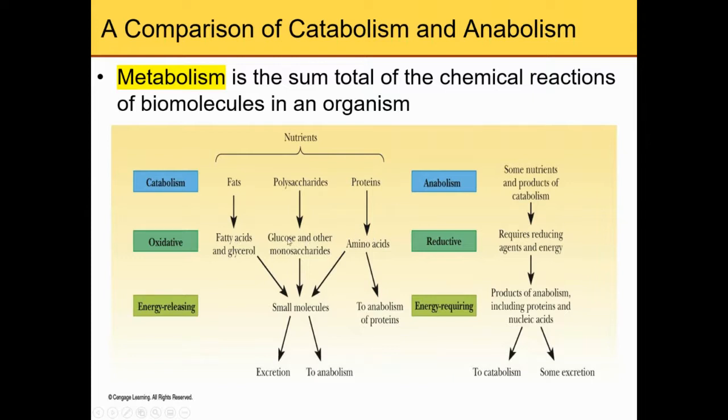And then they continue to break down to oxidize these molecules, then become even smaller molecule, all right? And then those molecules either be excreted or they can go back for anabolism, which is here, right? And that will be the reduction reaction here. And then to make the large molecule. So that's the process. And then it's a metabolism.